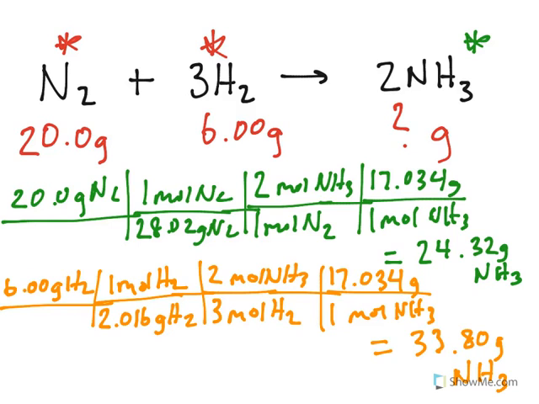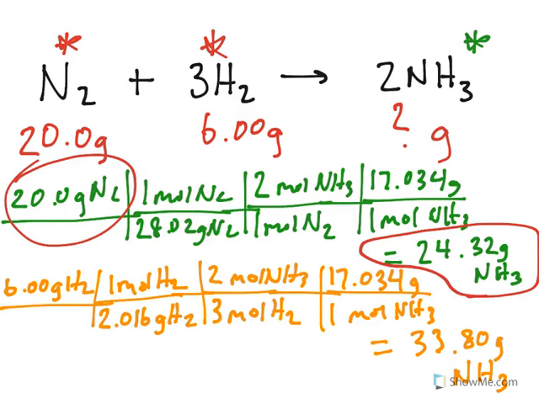But up in the green, if all 20 grams of nitrogen were consumed, you would have only produced 24.32 grams of NH3. We have to go with the lesser answer here. This means that the maximum amount of NH3 we could produce is 24.32 grams because our nitrogen is our limiting reactant.